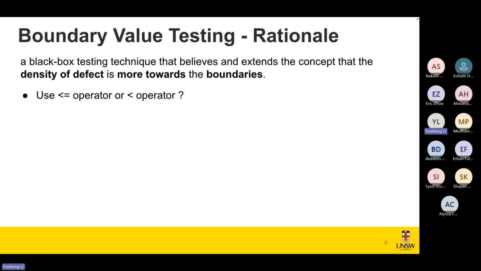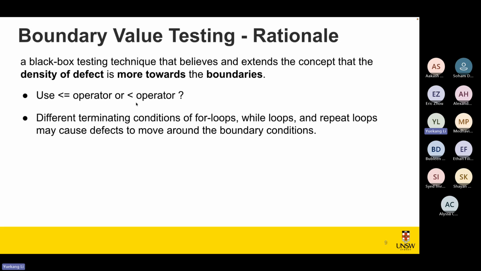For example, when we write programs, especially if you are doing algorithm problems on LeetCode, sometimes you need to bother with whether to use a smaller than or equal to operator, or a smaller than operator, right? This can affect the correctness of your program. So this is an example of a boundary.